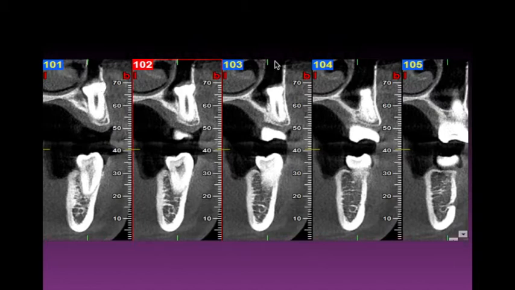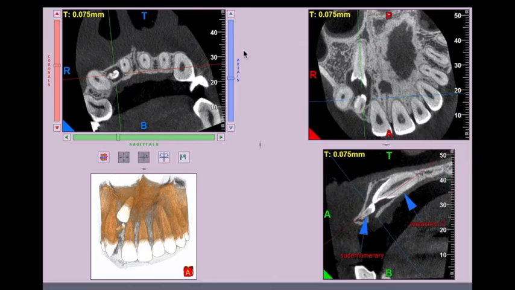So in terms of planning of what you could do, three-dimensional images really has advanced the way we see our cases and therefore has made a lot of our work a little bit more predictable in a sense.